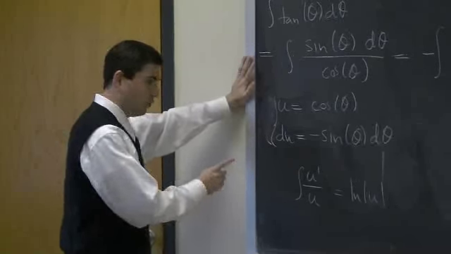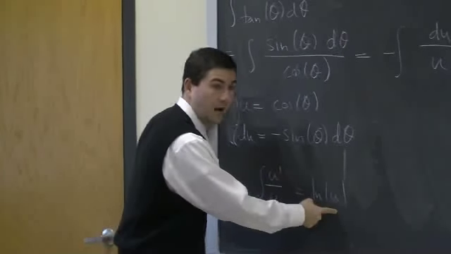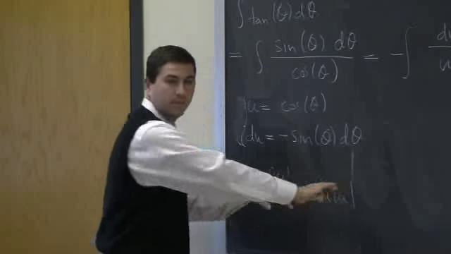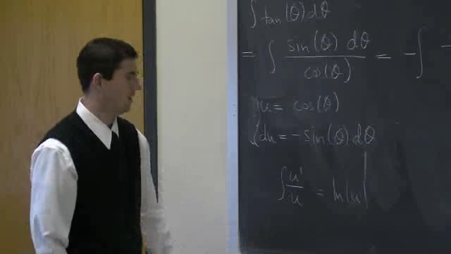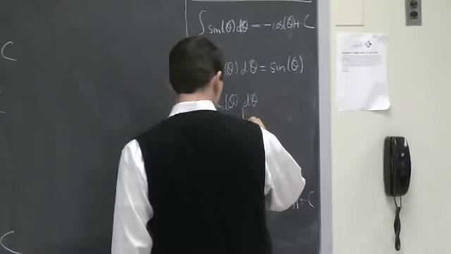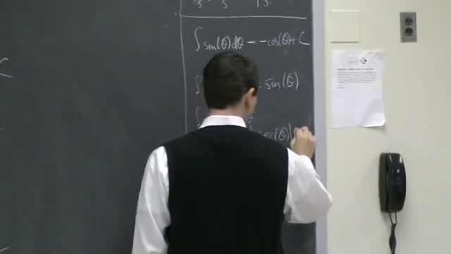Because you can do a substitution if you like. Or if you like, take the derivative of this. It's 1 over u times u prime. I've left out a lot of extra notation here, but you get the idea. Okay, so we can fill in our chart. Tangent is ln, the absolute value of secant of theta.